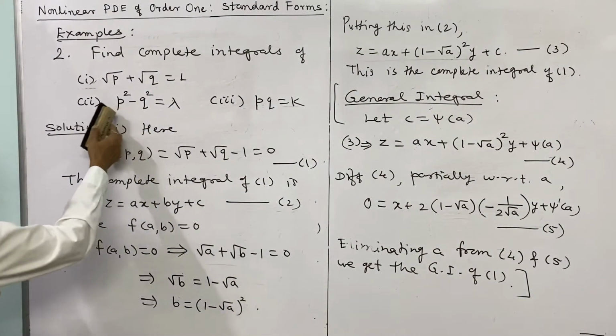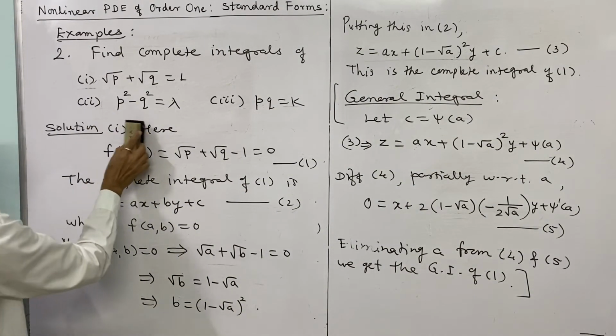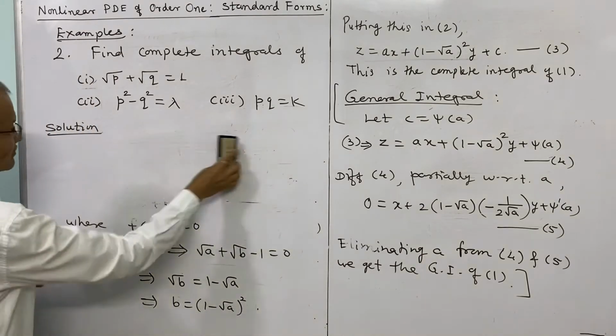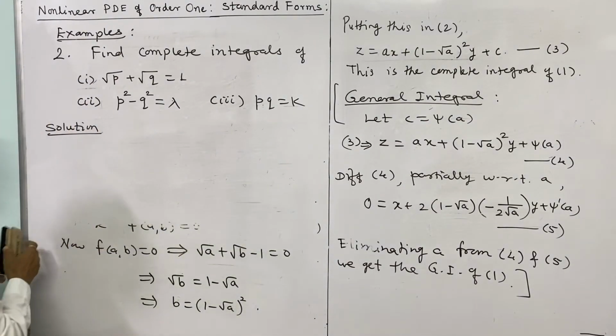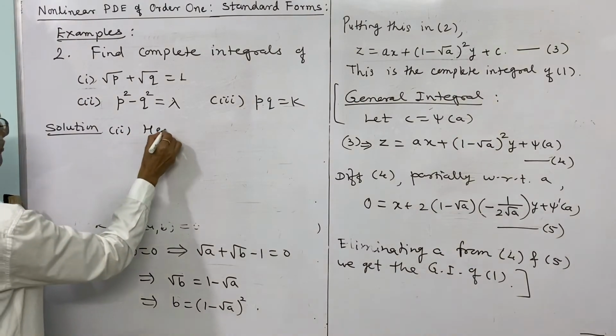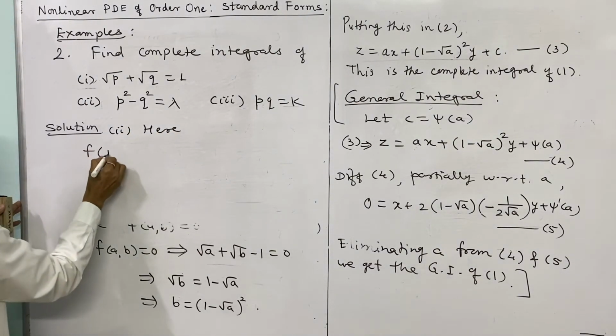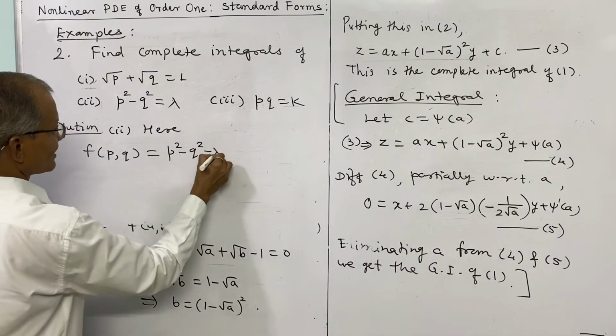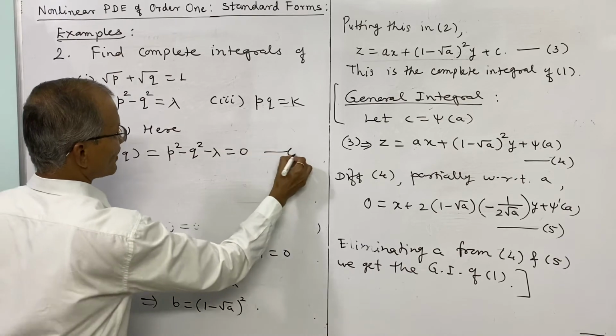Now consider the next equation as the second one. Here, what is f of p and q? It is p square minus q square minus lambda, equal to 0.